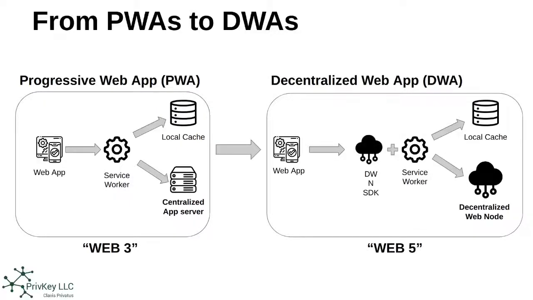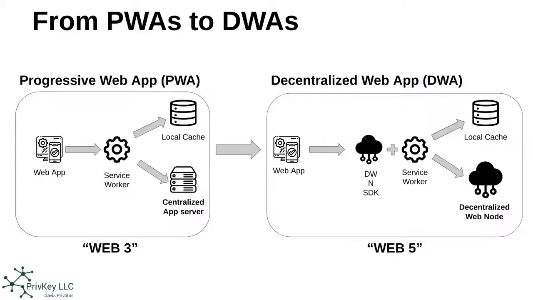Now we move to decentralized web apps, and these web apps have some kind of special software, an SDK, and that software has a service worker just like Web 3.0. But now this software on your web app is encrypting all this data using private keys, certificates, etc., and keeping it in local cache, to make sure that if we disconnect from the internet, the functionality is still there.